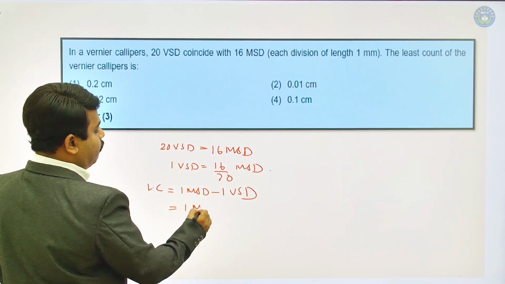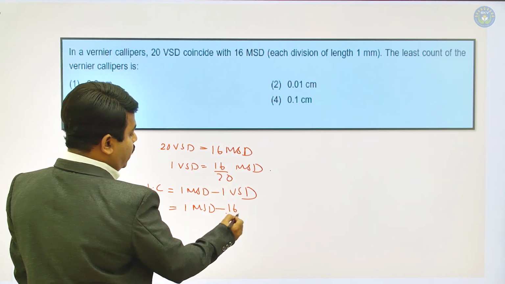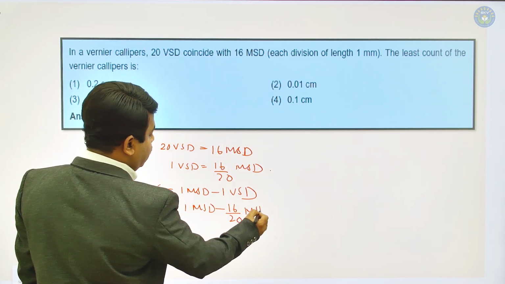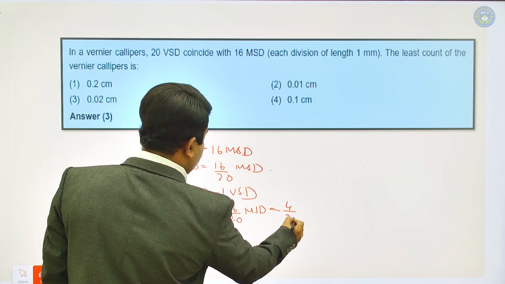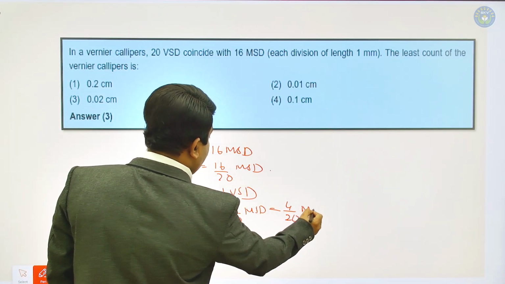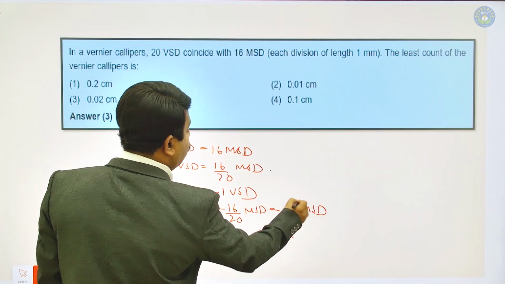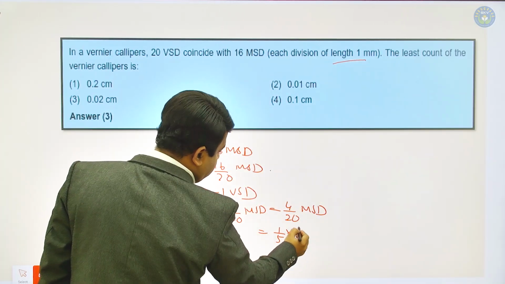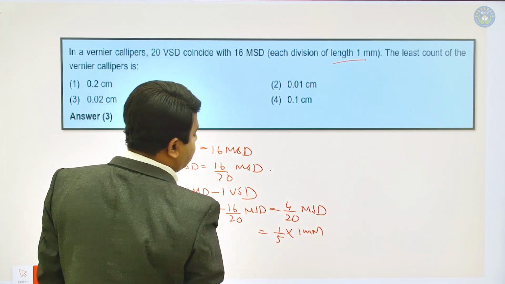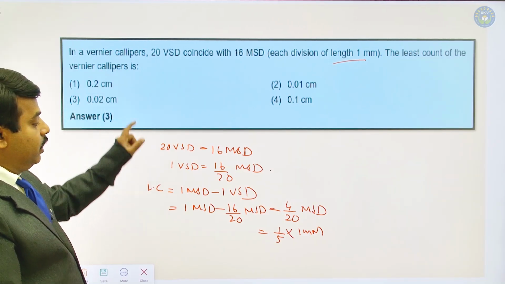That is 1 MSD minus, what is 1 VSD? That is 16 by 20 MSD. That is 20 minus 16, that is 4 by 20 MSD. 1 MSD value they given, 4 by 20 cancel, 1 by 5. 1 MSD value that is given as 1 millimeter, right? Then 1 millimeter divided by 5, that is 0.02 centimeter, right?